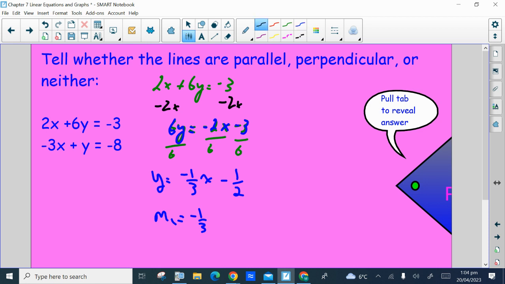Okay, second line. Do we know the slope of that line just by looking at it, Cheney? Because y is not by itself. How would you get y by itself?